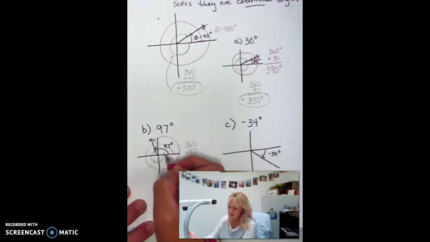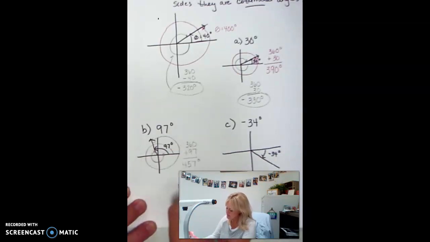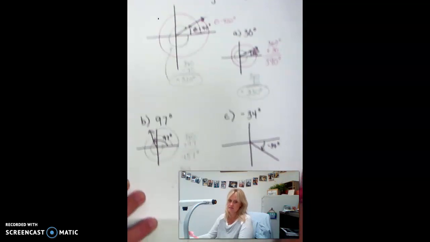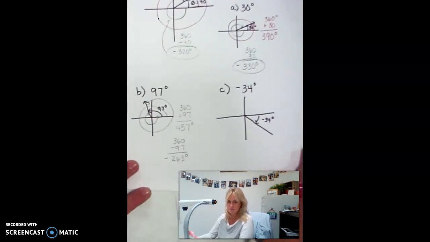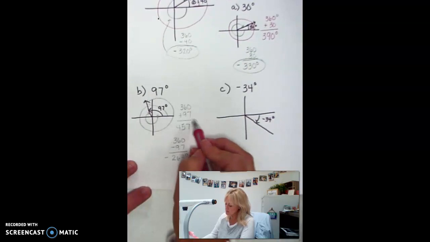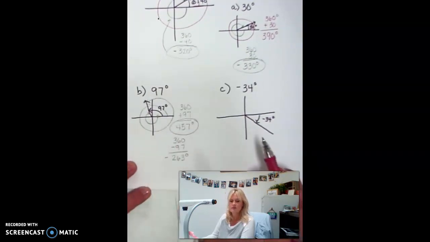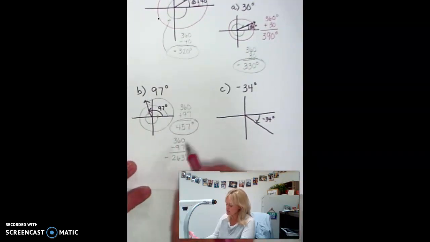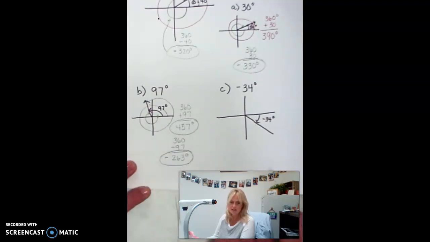I'm not going all the way around the circle this time, so I'm going to have a full circle, but I did not include that 97 degrees, and so we have 263 degrees, but remember, what direction did we go? We went negative. So your coterminal positive angle would be 457 degrees. The coterminal negative angle would be negative 263 degrees.